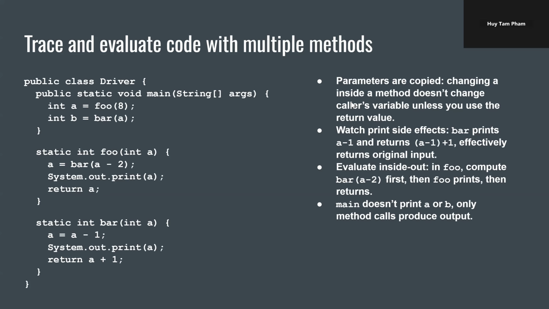When you pass number 8 into function foo, it will create a local variable called a, that is local to foo, which means it sits inside the foo function only.